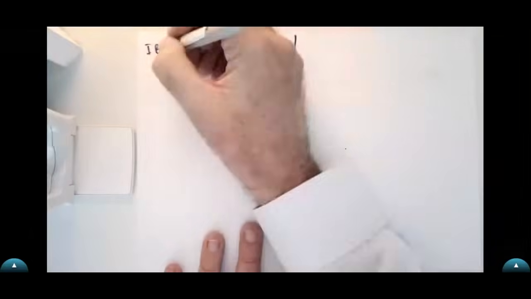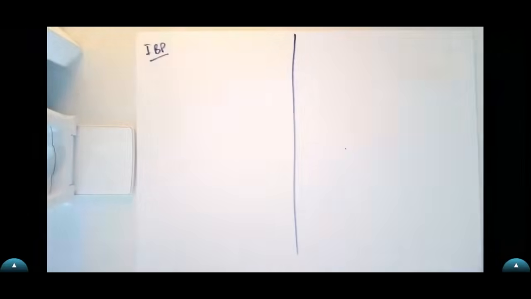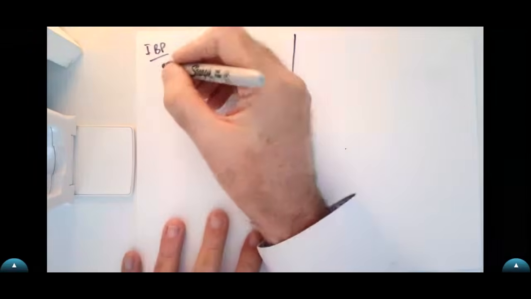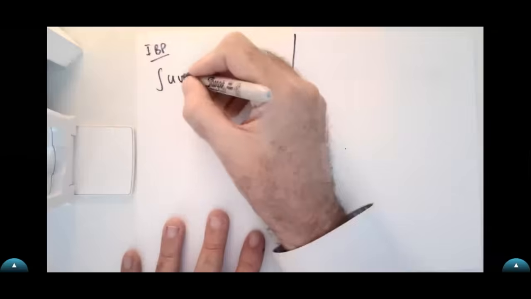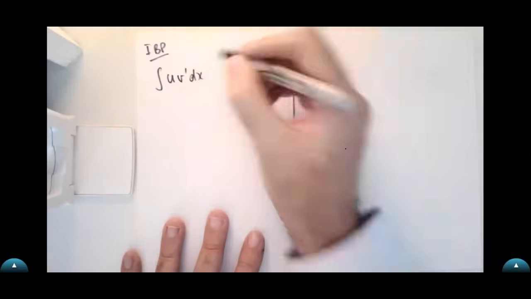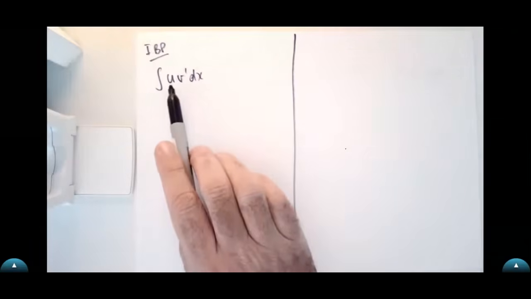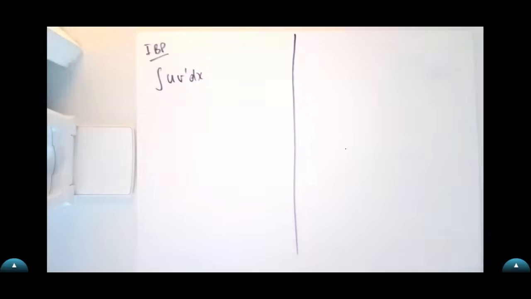All right, so we've got IBP, integration by parts. You down with IBP? Yeah, you know me. So let's have a look at the integral. So you've got, say, a product of two functions, u and v dash.